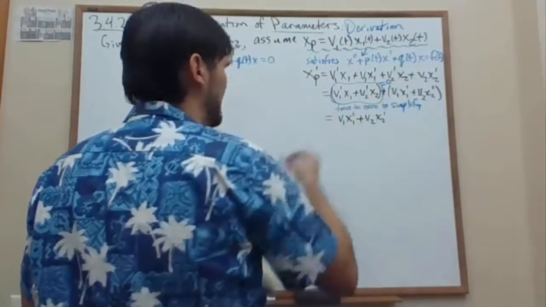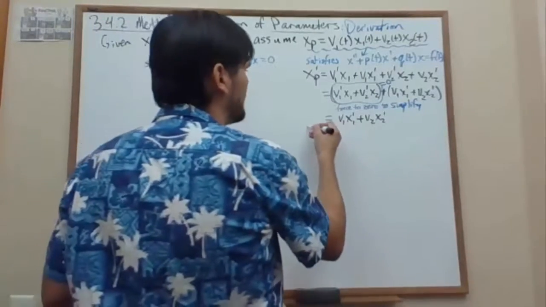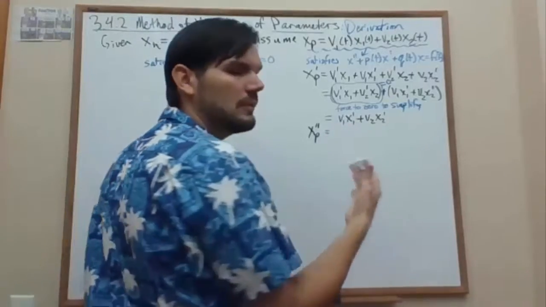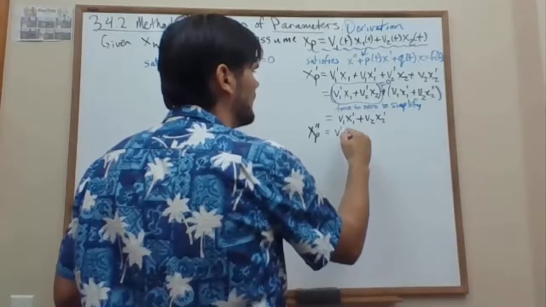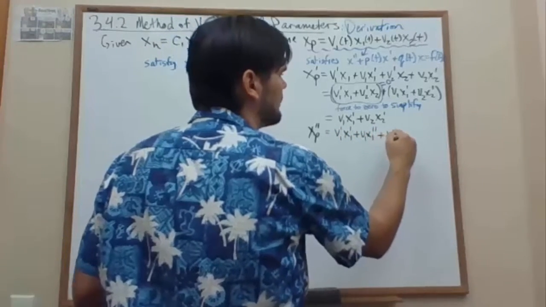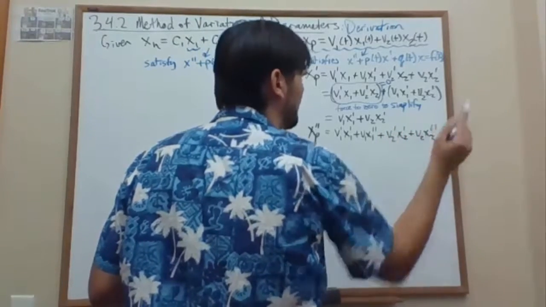And we'll have to come back to that condition a little bit later. Now we can take a second derivative, and we'll be fine having only first derivatives on the v's. So v1 prime x1 prime plus v1 x1 double prime, v2 prime x2 prime plus v2 x2 double prime.